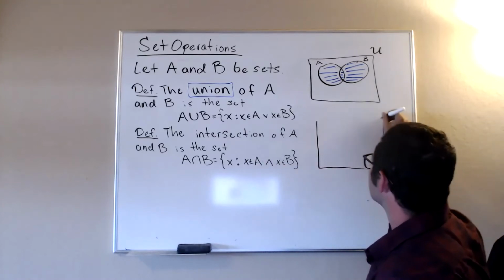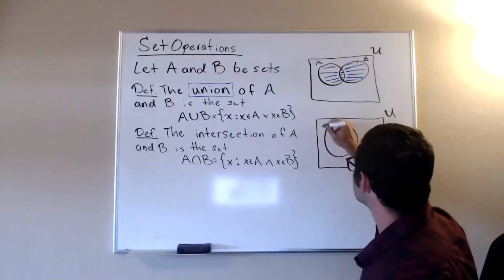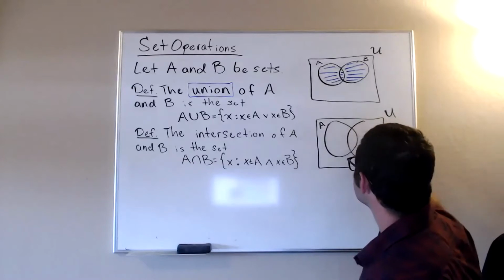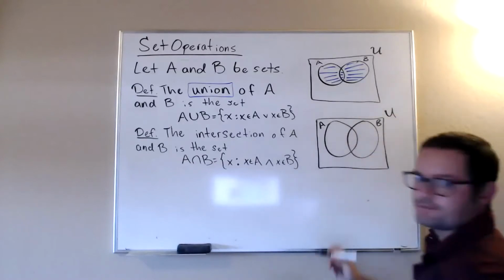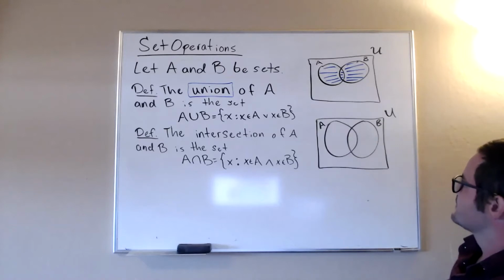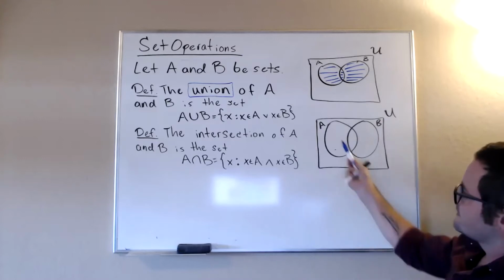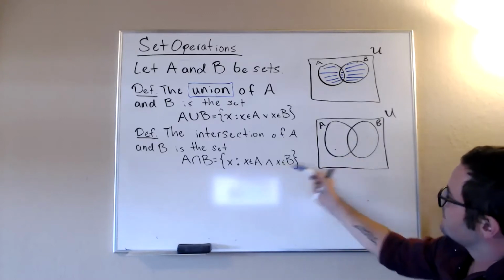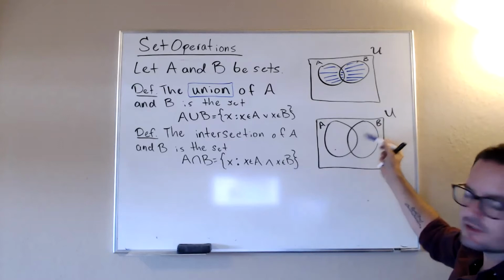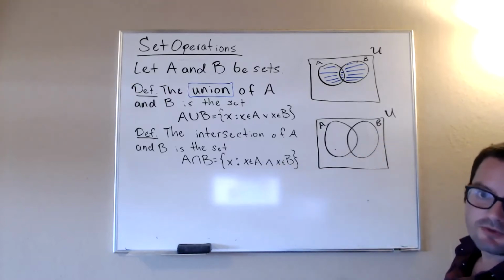So if we look at another Venn diagram here, here's A, here's B, okay? And if I pick something like right there, that satisfies being true in A, but it's not contained in B. So this would be true and false, which is false.